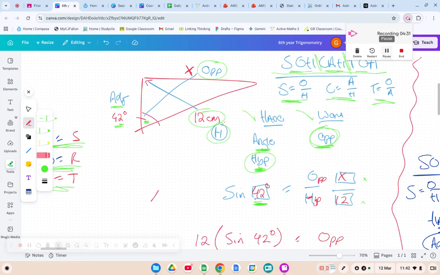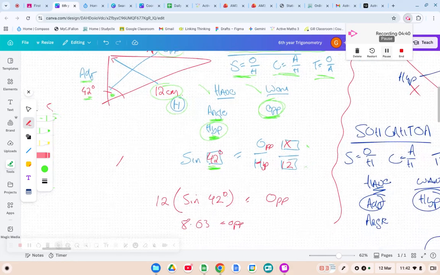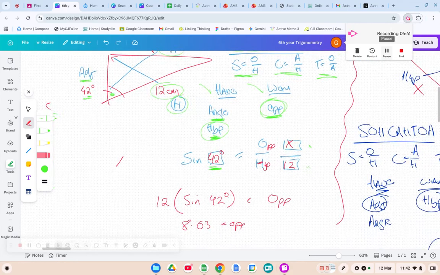In this case, we do know the angle and we don't know the opposite. So the x here ends up on the top. When the x or the unknown ends up on top, which is the case here, the number that's the denominator comes over here and we multiply it over, and that's how we get to this point here. We multiply that in the calculator and we get 8.03, I think, by calculator.